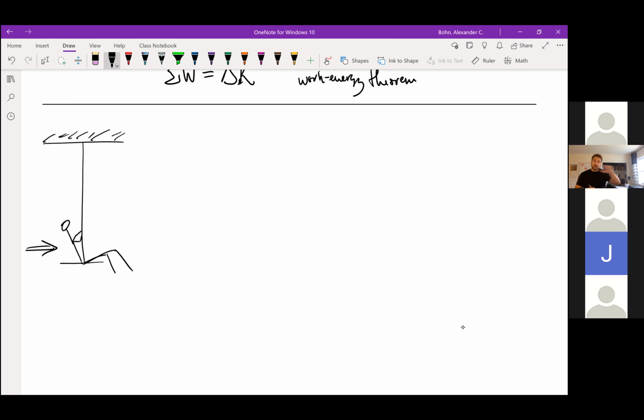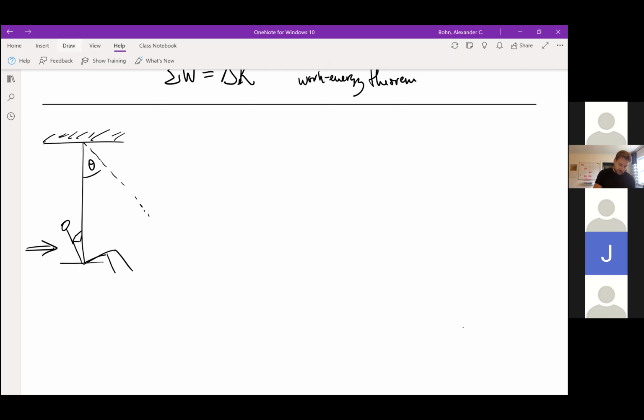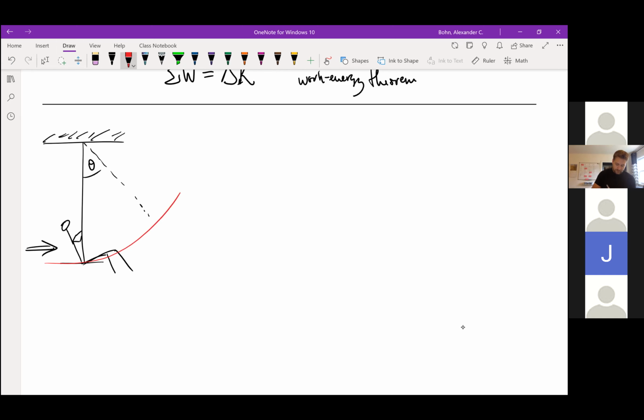It's a really boring swing ride. Eventually, we get to the situation where the string holding us up makes an angle theta with the vertical. In order to do that, we followed a path, like a path integral. That path, complicatedly, is a circular arc.